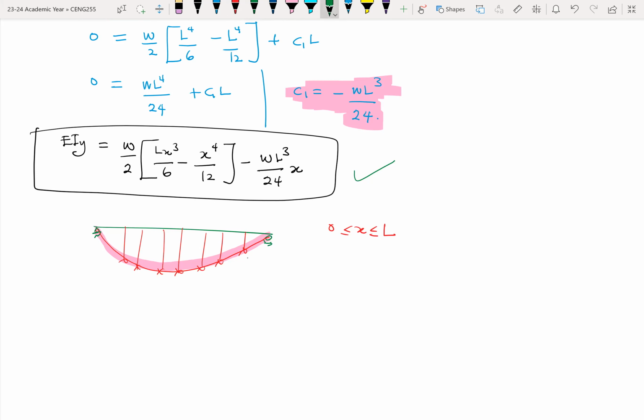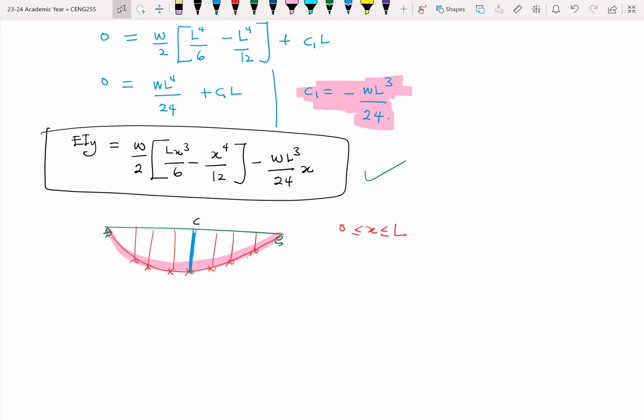Okay. So we need to find the deflection at C, where C is at the midpoint, which means that at the midpoint, your x is equal to L over 2. So at C, your x is L over 2. So if x is L over 2, I can put that into the equation above and then find the corresponding deflection y.